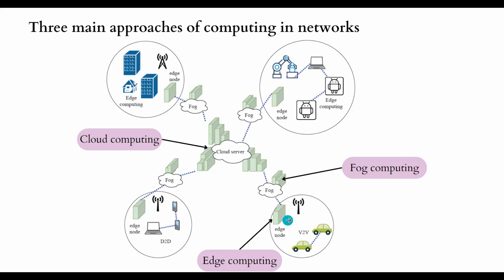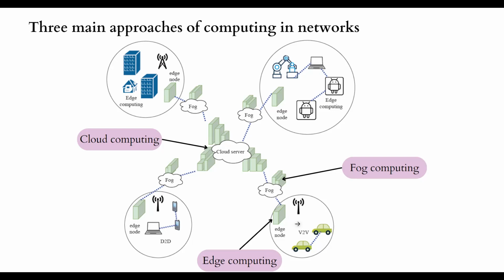Then we have edge computing, which is done at the edge of the network. The edge of the network is defined as the boundary which separates the local network and the internet. Once we have a local area network, that local area network connects to the public internet via an access point.